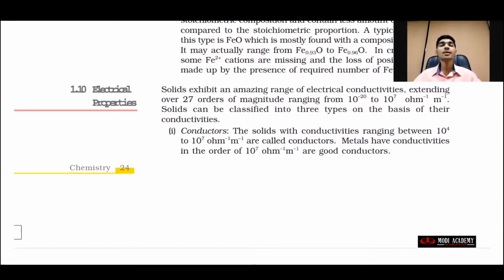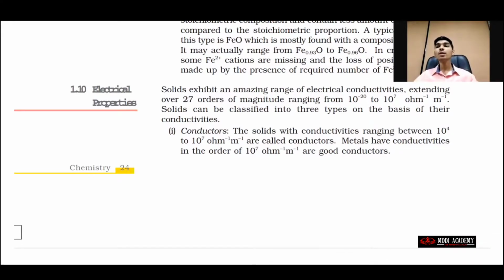And the third type is semiconductor. Semiconductor is in the center of conductor and non-conductor. Now, the conductivity of the semiconductor will always lie between the conductor and non-conductor of heat and electricity.